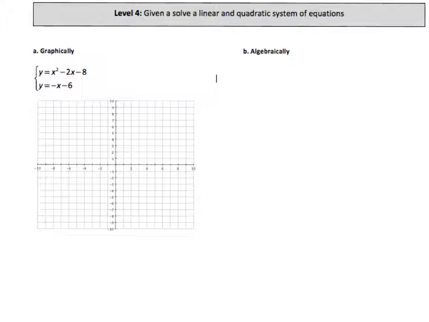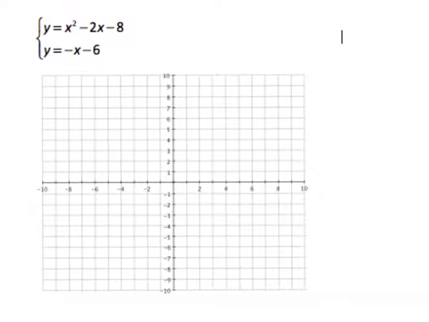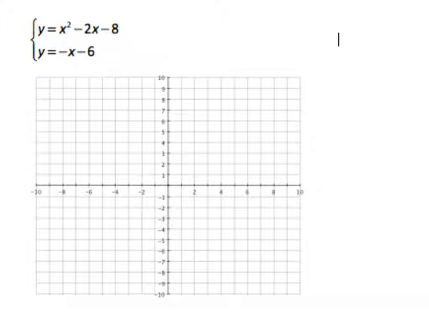So if we graph this, we want to graph both of these equations. So let's work with the bottom one here first. Y equals negative x minus 6. So that's going to mean starting at negative 6 and then using your slope. So going down 1 and over 1, or up 1 and left 1.